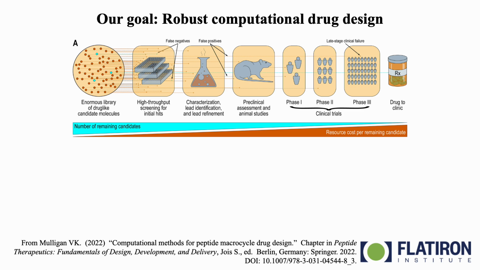Nevertheless, even when you get to phase 3 clinical trials, the majority of drugs fail, which is hugely inefficient, not just in terms of money, but in terms of irreplaceable resources like your pool of patients that you can test a drug on.